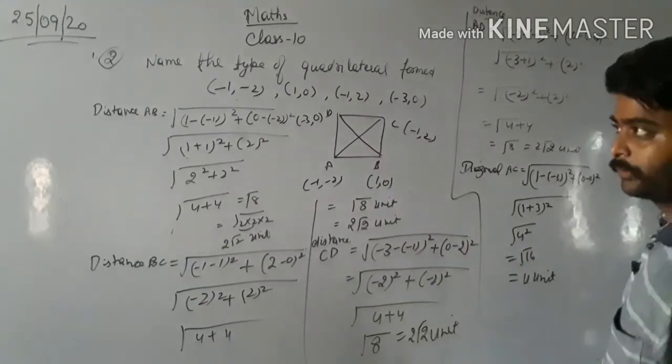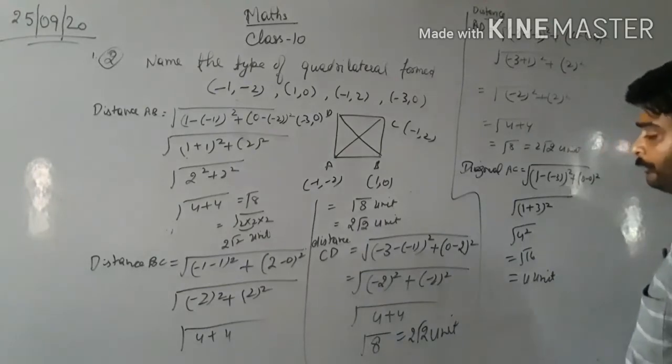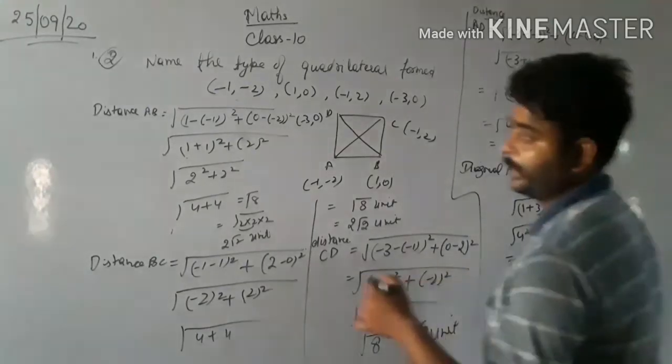Okay. So class, I need to find the diagonal BD now. So I am writing here.